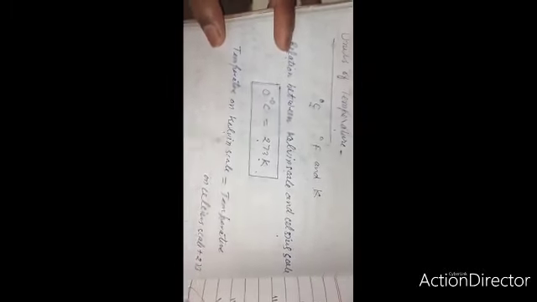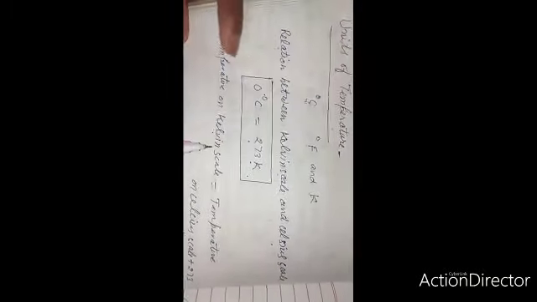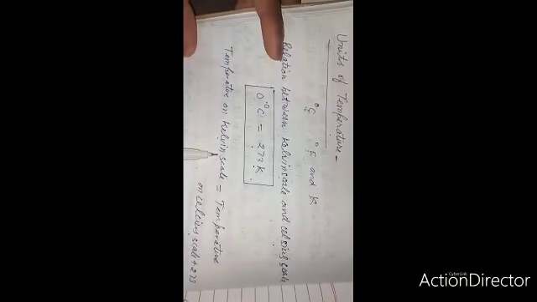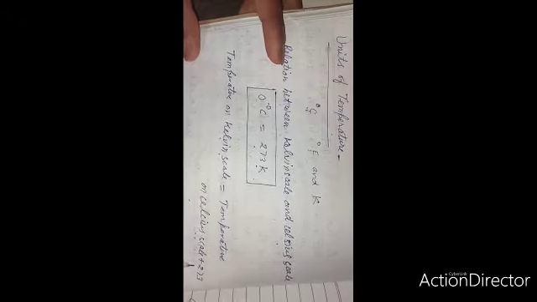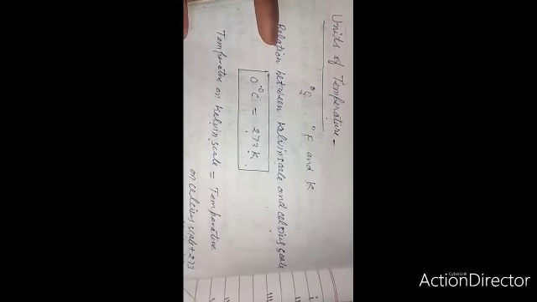This is the relationship between the Kelvin scale and Celsius scale. Let us see some examples.